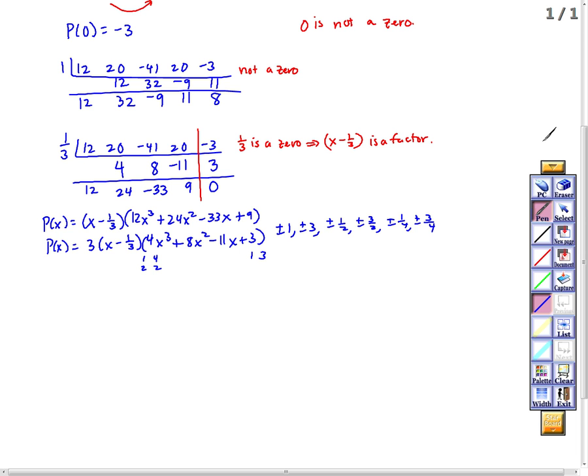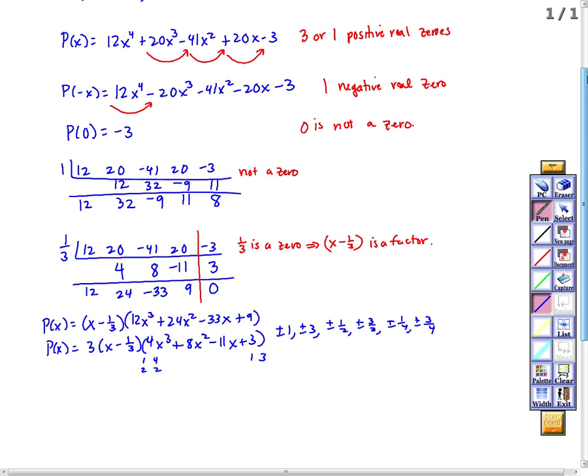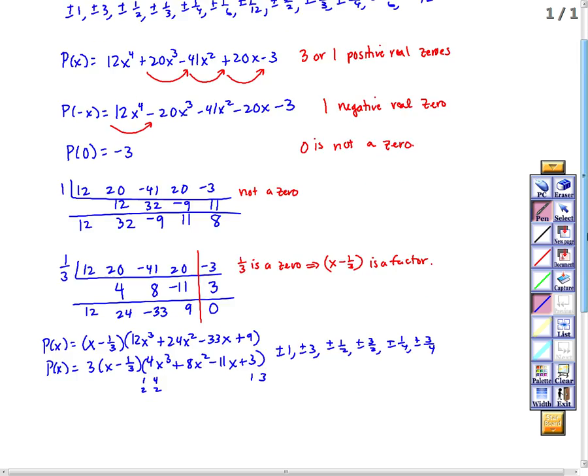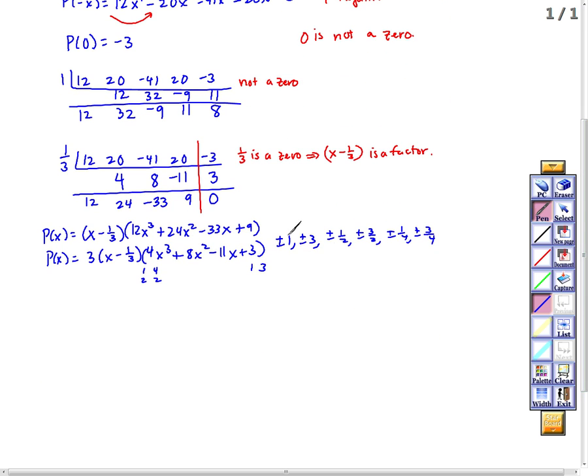If you've noticed, I've eliminated a lot of zeros. Look at all the ones I had up here. I saw that 1 was not a 0, so if 1 was not a 0 up there, it's not a 0 here. So I have negative 1, plus or minus 3, plus or minus 1/2, plus or minus 3/2, plus or minus 1/4, plus or minus 3/4.